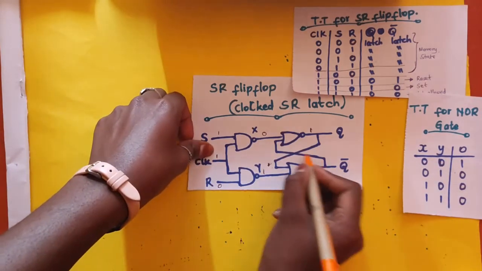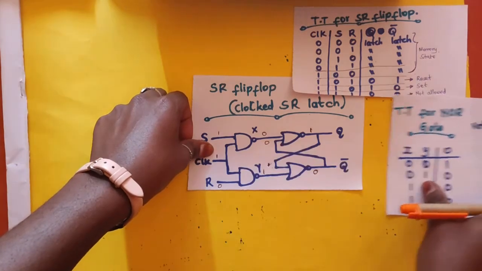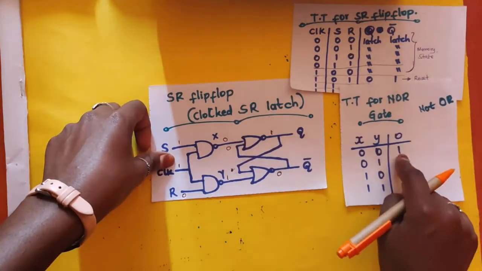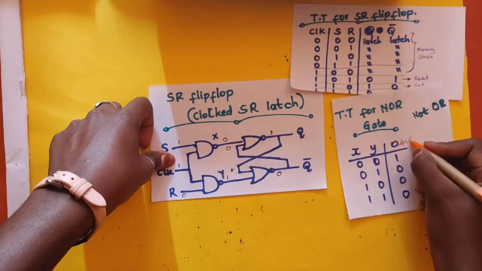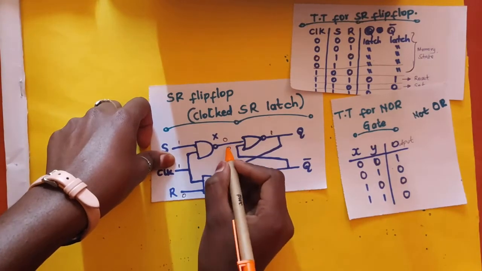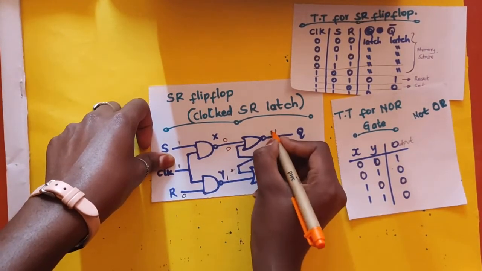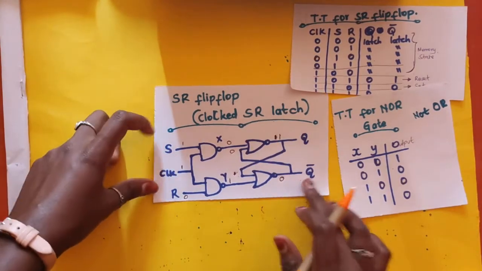When the output here is 0, this output is fed to this, and we have a 0 0. In a NOR gate, 0 0 translates to a 1 as the output. This is the output, I don't know if the O confuses. I've removed this because I had confused. So a 0 0 will be a 1 at this end, and therefore the output is a 1.